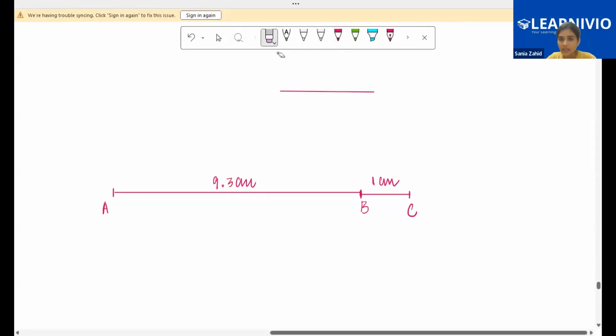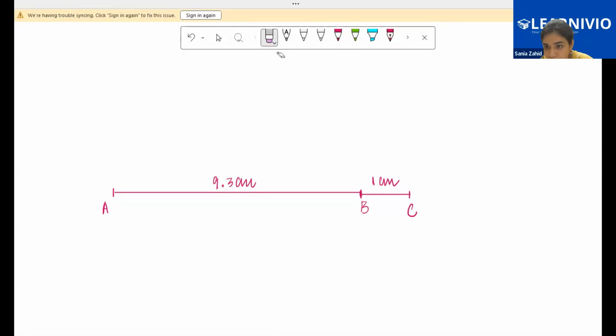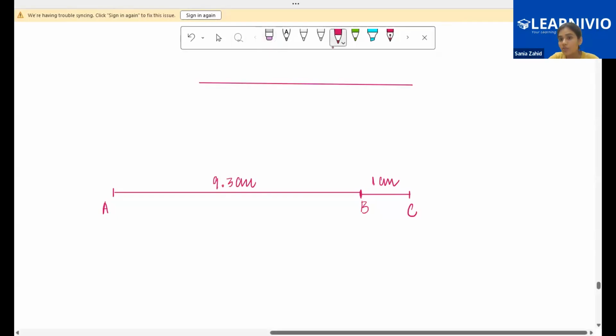Hafsa, look at my line. My line is straight. Still it's slanting. The entire ABC line should be straight only. So when you are drawing BC, keep half of the scale on AC and then draw it accordingly.